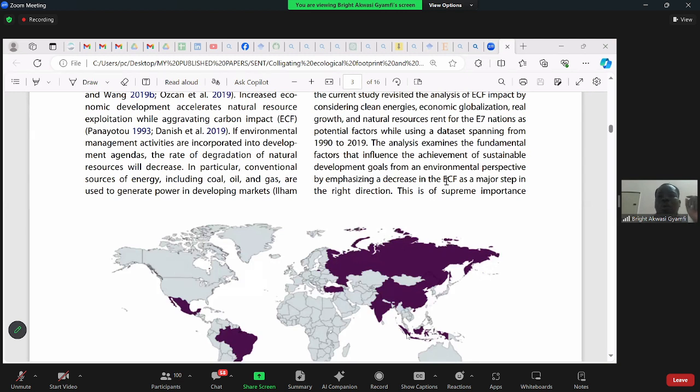I'm also an editor for one SSCI journal, Environment, Development and Sustainability. And there's one paper I'm forgetting, but let's go on. About three papers I'm an editor for. When your paper comes to us, the first thing they have told us is to read your abstract and read your contribution.